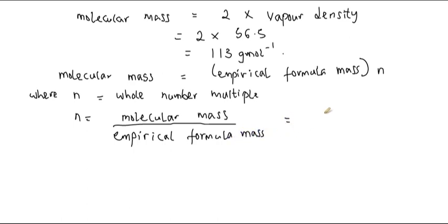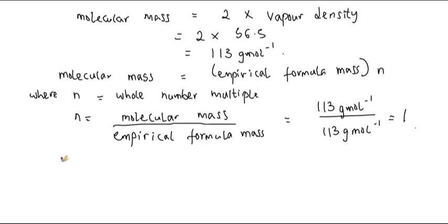And this equals, from our calculations, we have molecular mass to be 113 grams per mole, and the empirical formula mass is also gotten to be 113. So this is equal to 1. This has to do with the mass alone. Now coming back to the formula, since that is the main thing we are being asked to do.